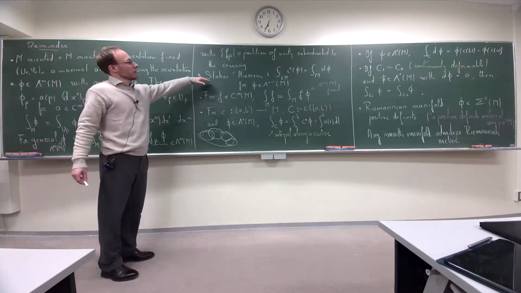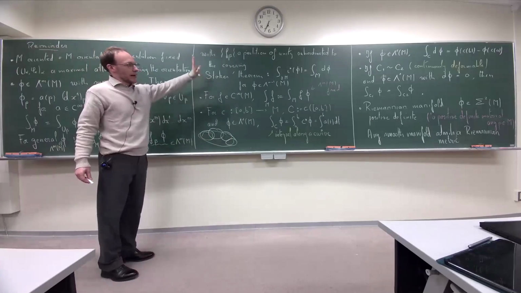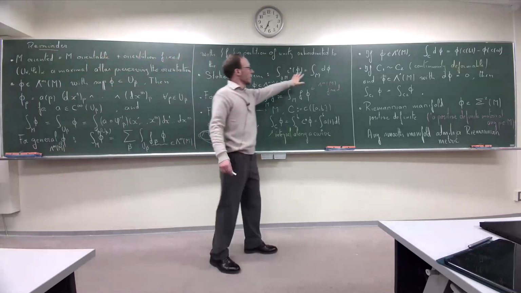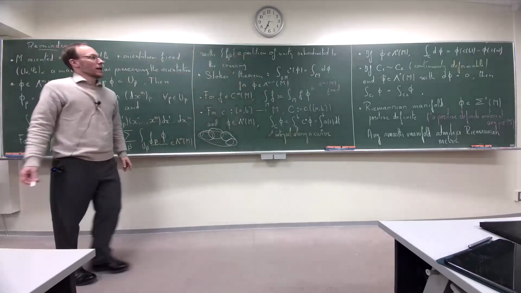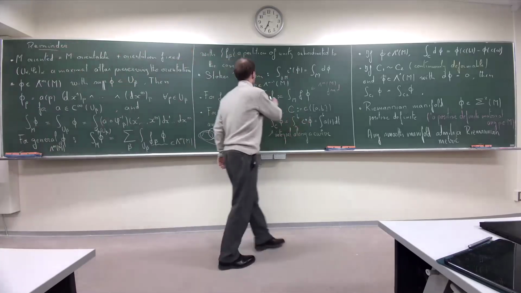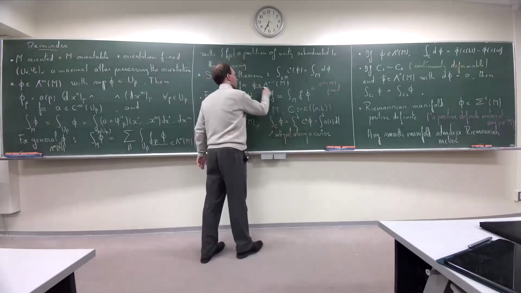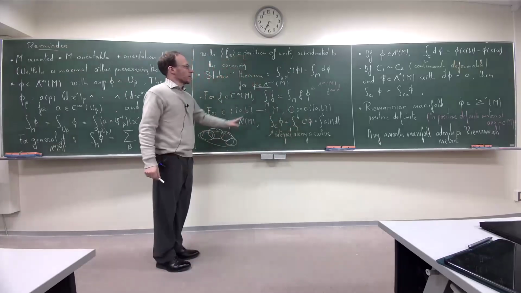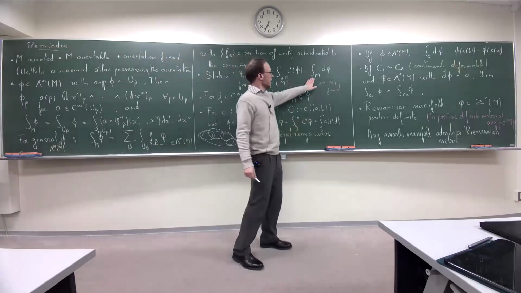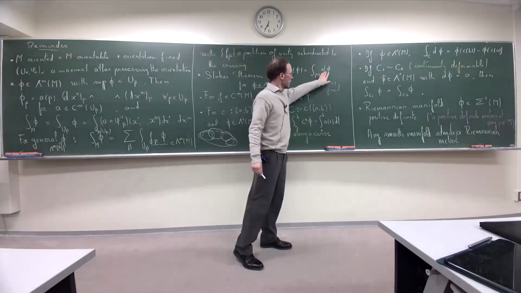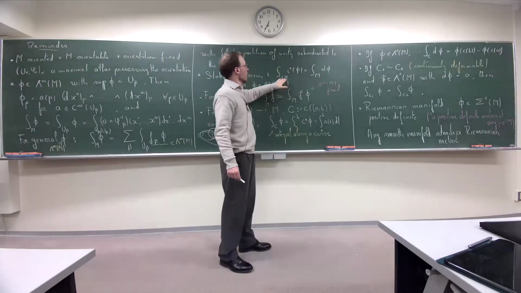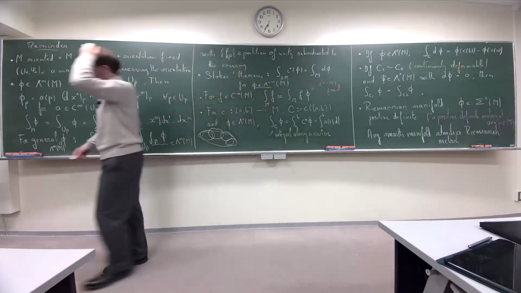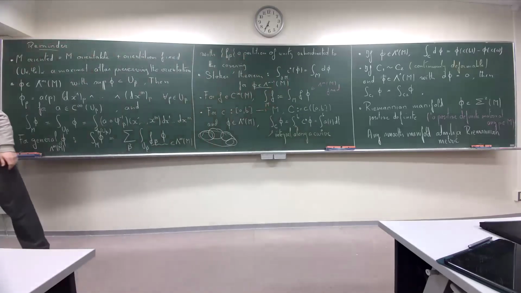Then I mentioned Stokes' theorem. I don't recall the exact meaning of all these things, but what is important with Stokes' theorem is that for any form of degree m minus 1, you relate the integral on M of its differential, a form of degree m, to an integral of something on a manifold of dimension m minus 1.